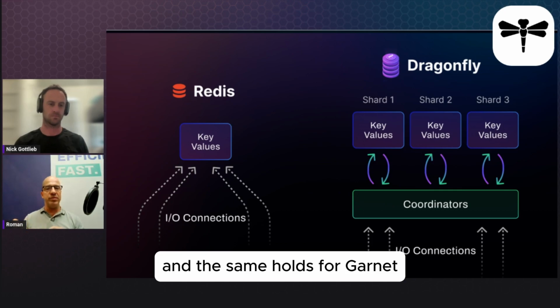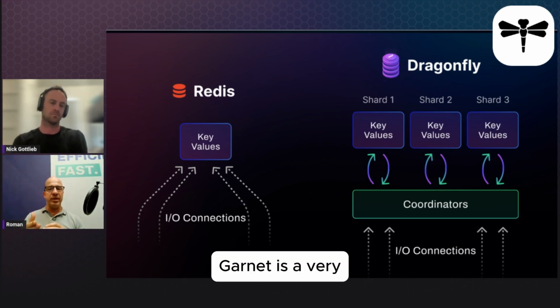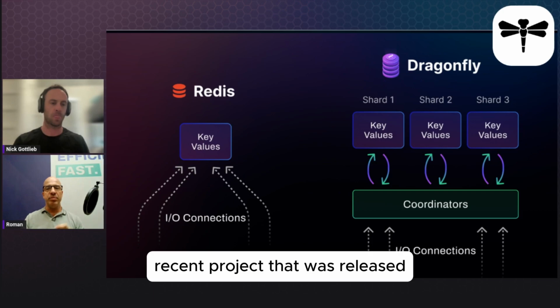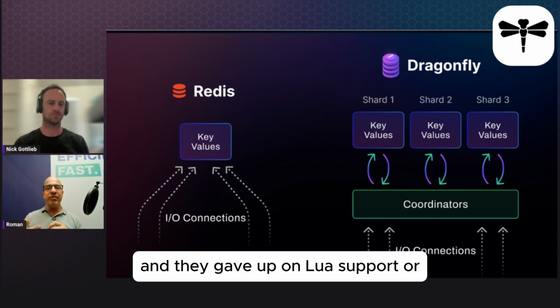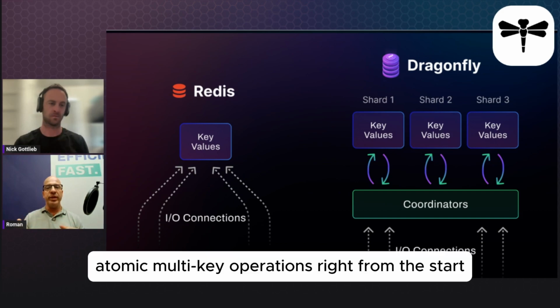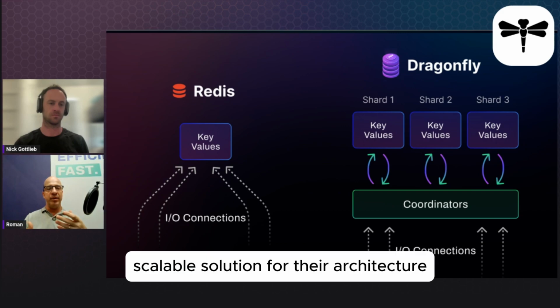And the same holds for Garnet. Garnet is a very recent project that was released just a few months ago by Microsoft Research. And they gave up on Lua support and atomic multi-key operations right from the start in order to provide a scalable solution for their architecture.